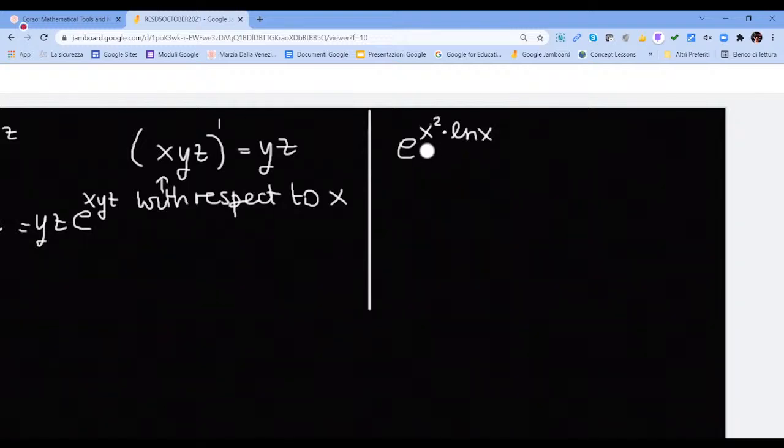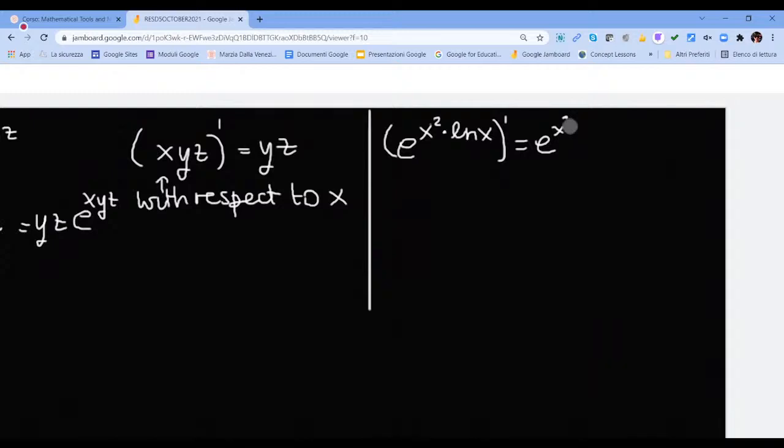This example has nothing to do with our multivariable function, but it is important because if you have this form and every factor of the product depends on x, and you want to compute the derivative, it will be e to the power of the whole function.